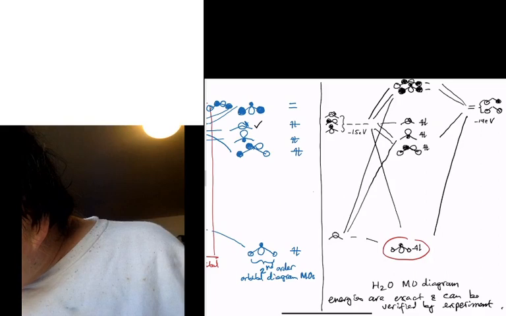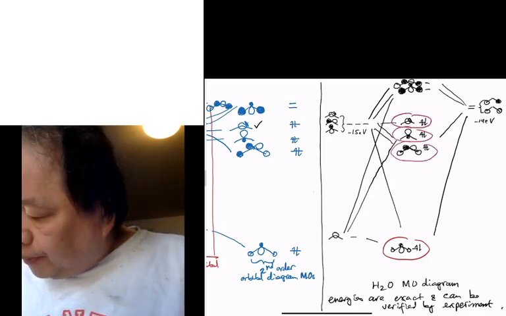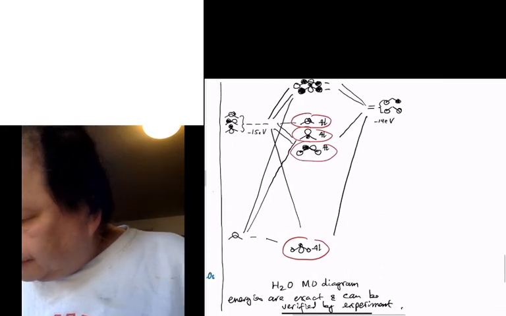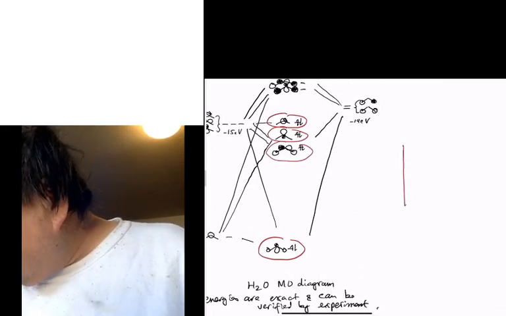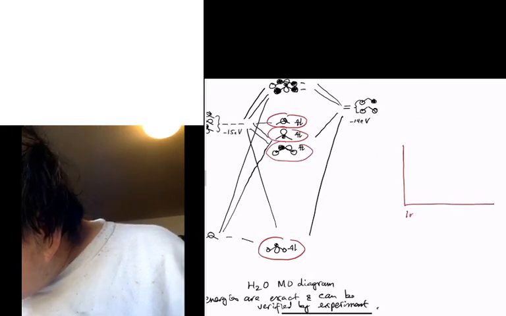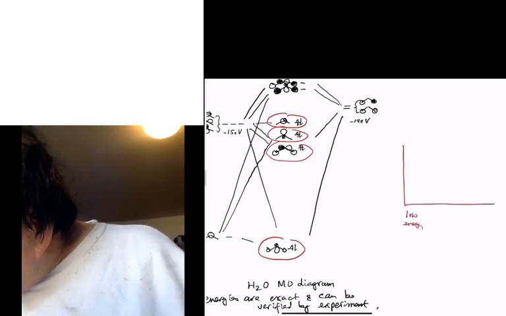And we're going to have 4 different energies. I'll put them in red. We'll have this as an energy, this one as an energy, this one and this one. If I were to put that on a horizontal scale, it will look like this. I'll have low energy here, high energy here.